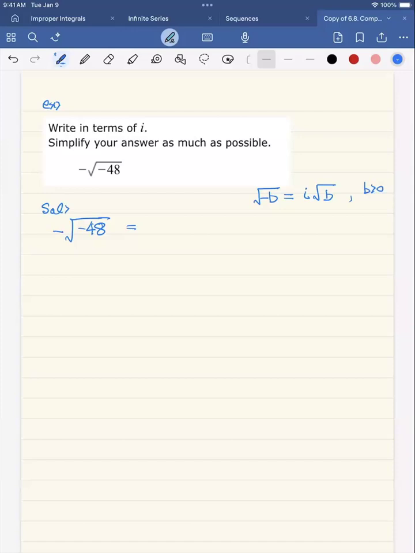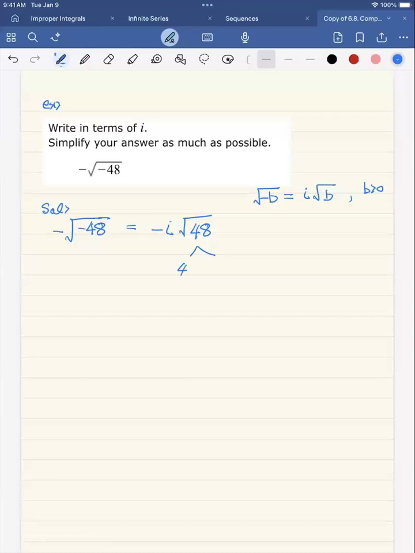So this one can be written as minus i times square root of 48. And we have to simplify that.